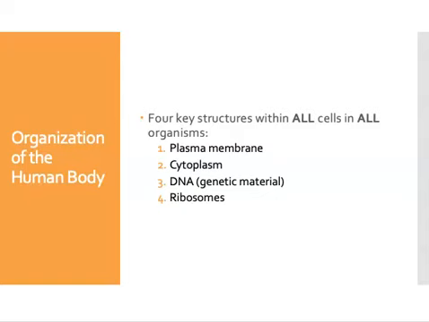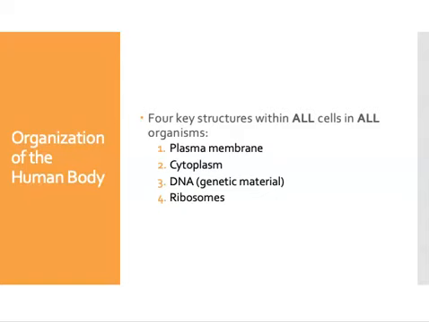All cells contain DNA and use that DNA as their genetic material. And finally, all cells contain structures called ribosomes. Ribosomes are essentially the machinery of the process called translation.